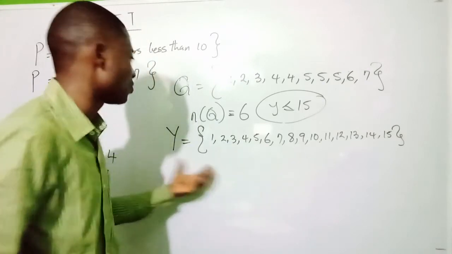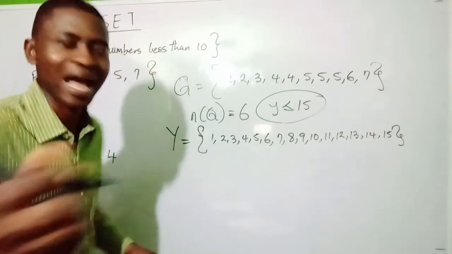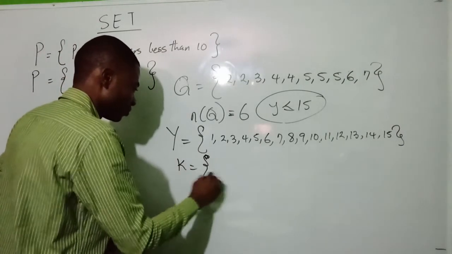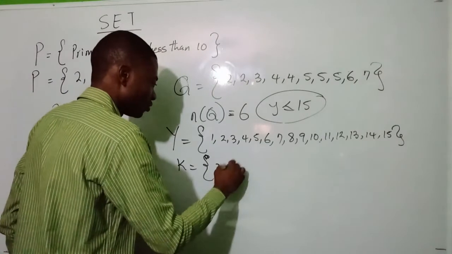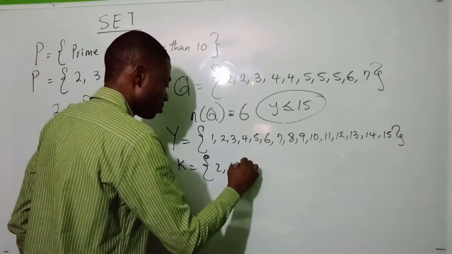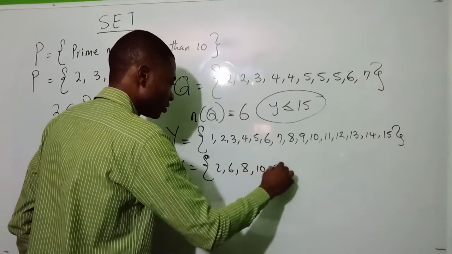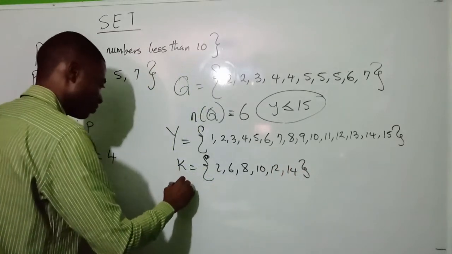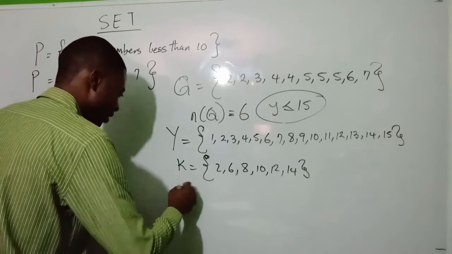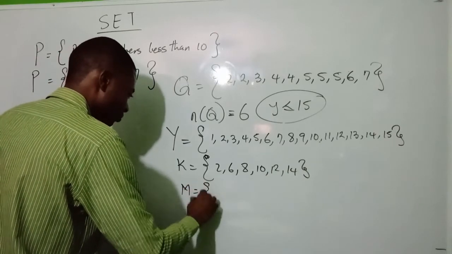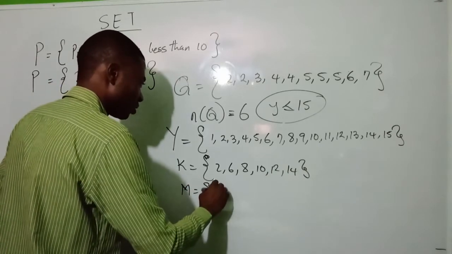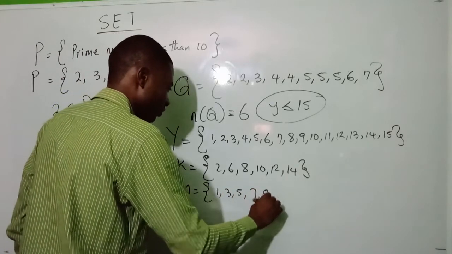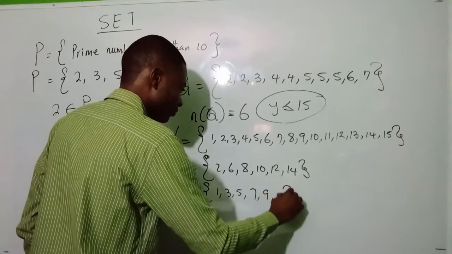Now for instance, I have a universal set like this, and then maybe I now have another set, let me say K. K is 2, 6, 8, 10, 12, and 14. And then let me use another one now, M. Let me say 1, 3, 5, 7, 9, 11.